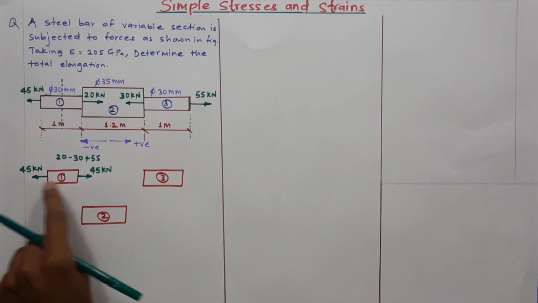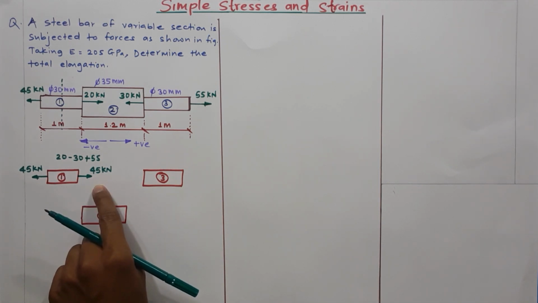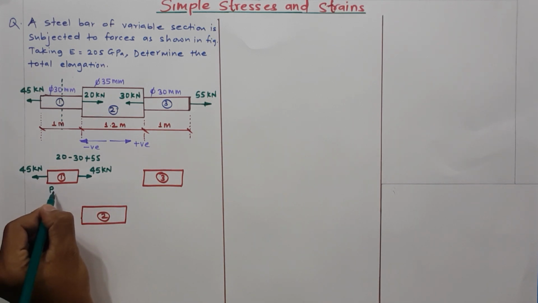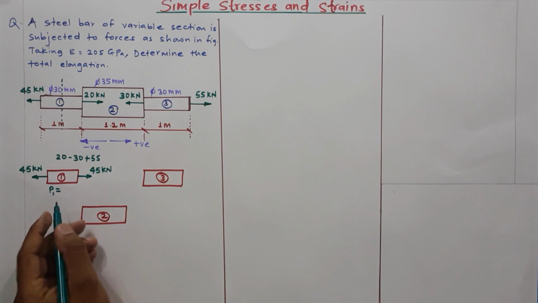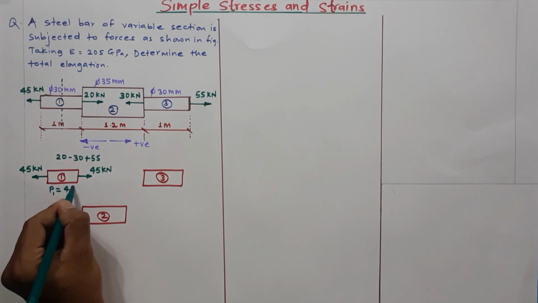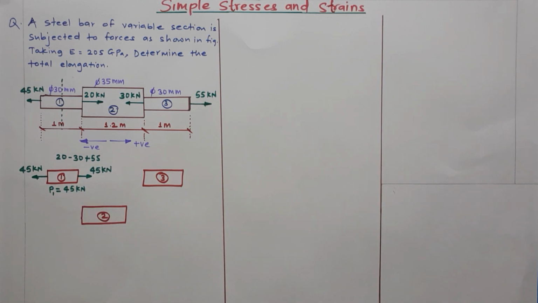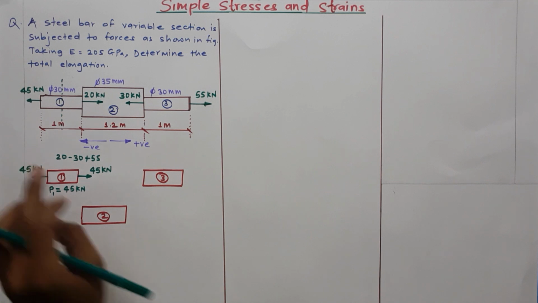Here these two forces are equal and opposite, means our calculation is true, and we got an internal force in first part, that is P1, and that P1 is 45 kilonewton. And both forces are pull type, tensile, that's why the forces are positive.